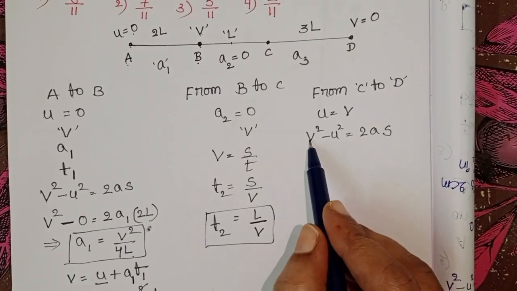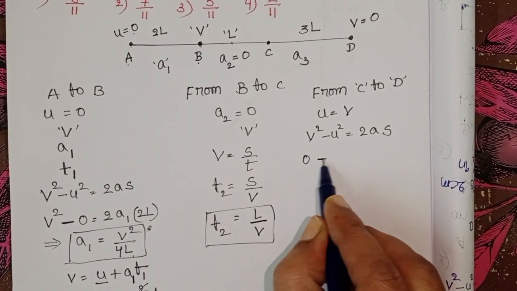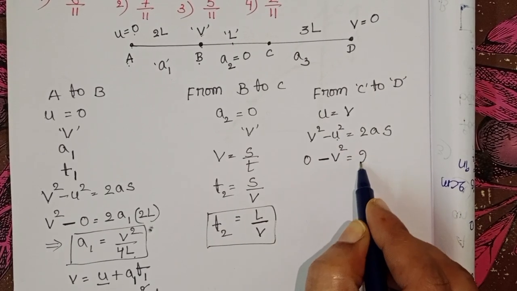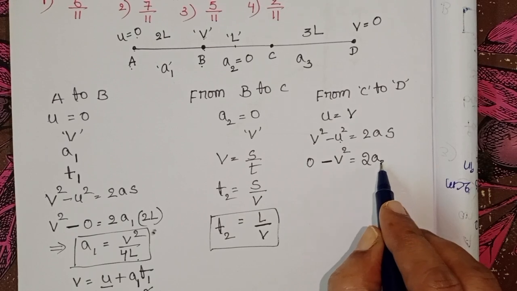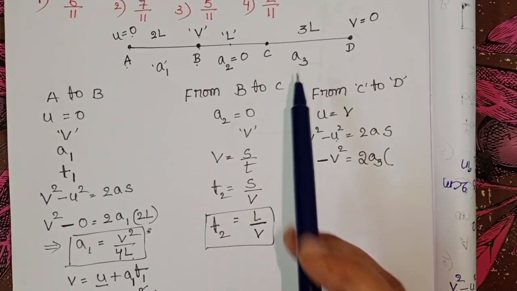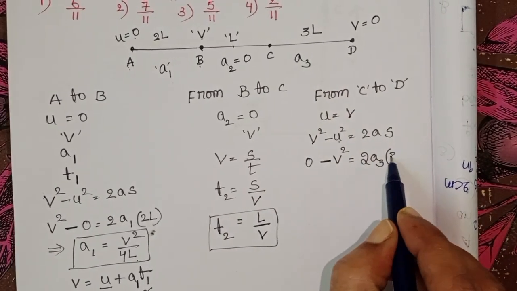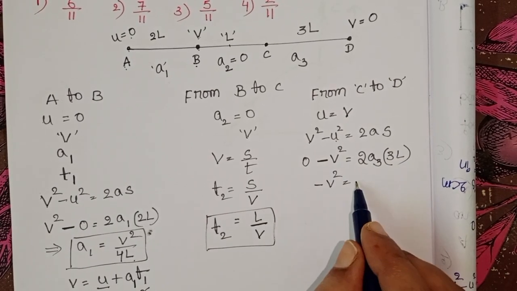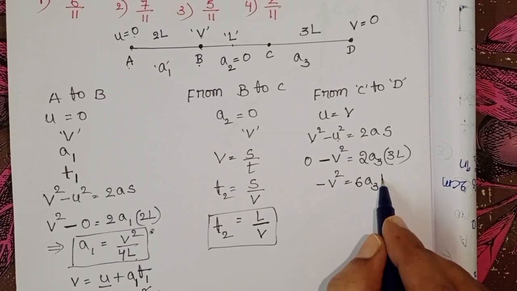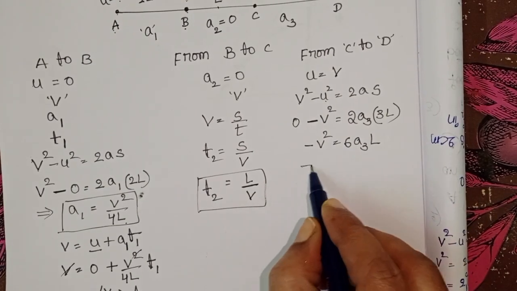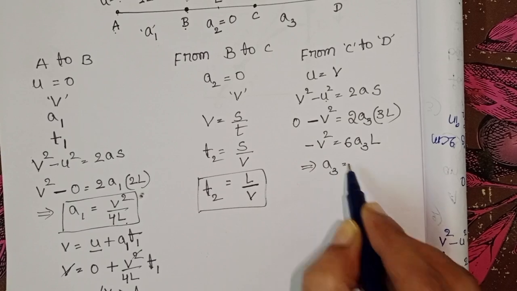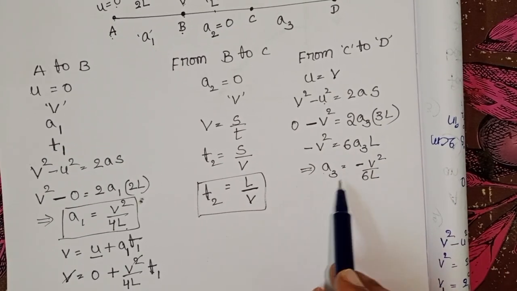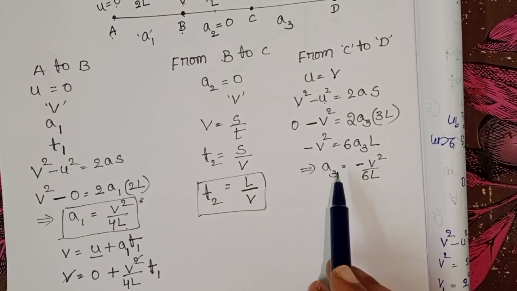Finally, the particle comes to rest, so final velocity is 0 and initial velocity is v. 0 minus v square is equal to 2 into acceleration a3 into distance travelled by the particle, 3l. So minus v square is equal to 6a3l. From this, a3 is equal to minus v square by 6l. Here acceleration is negative. That means the body has retardation.